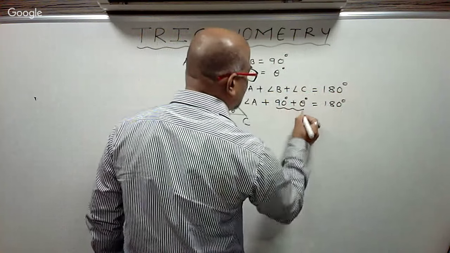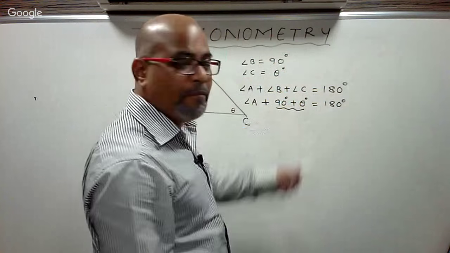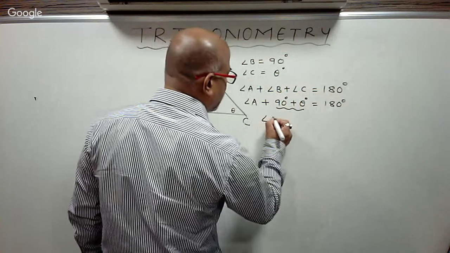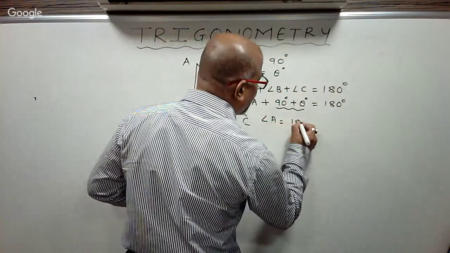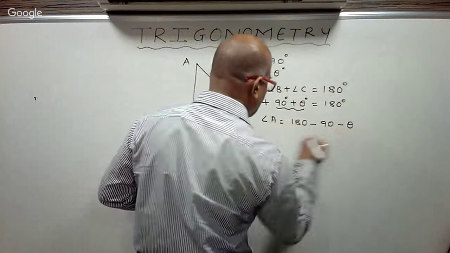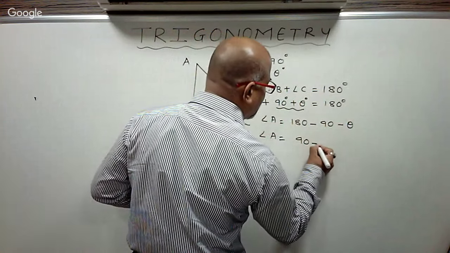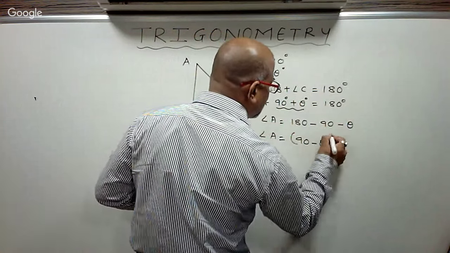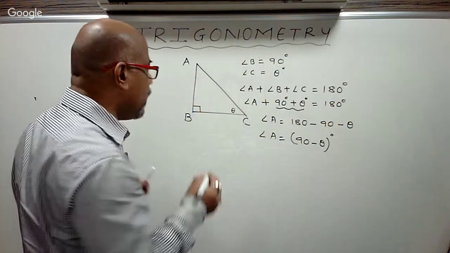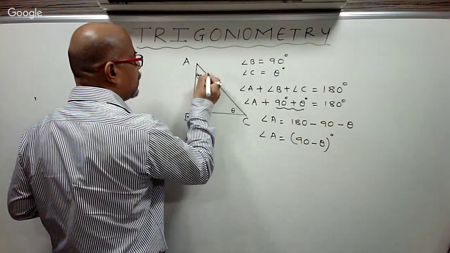Now when this 90 and theta shift towards the right hand side, plus will become minus. We get A equals 180 minus 90 minus theta. Now 180 minus 90 is 90, and minus theta as it is. Therefore, we have angle A equals 90 minus theta degrees.